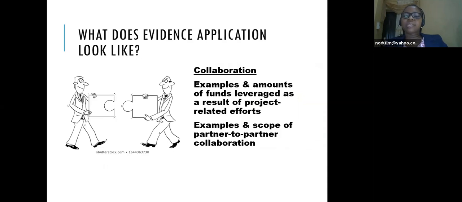We can also look at it as collaboration. So when we see collaboration happening as a result of our evidence, we see different partner-to-partner collaboration, as many as possible, that have found the capacity, the skills that need to be put together to have the changes we desire come to light. Yes, we can also think about the funds that have been put together as the project gets entangled in the evidence drive.